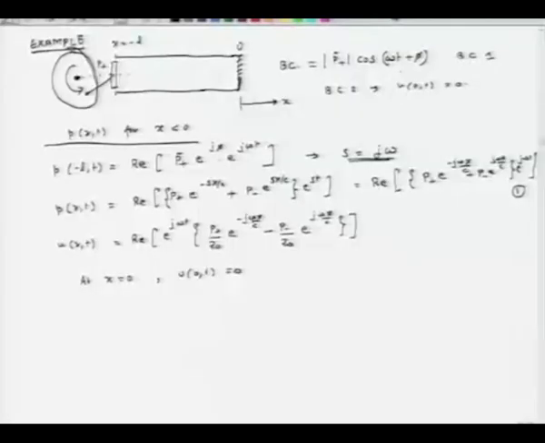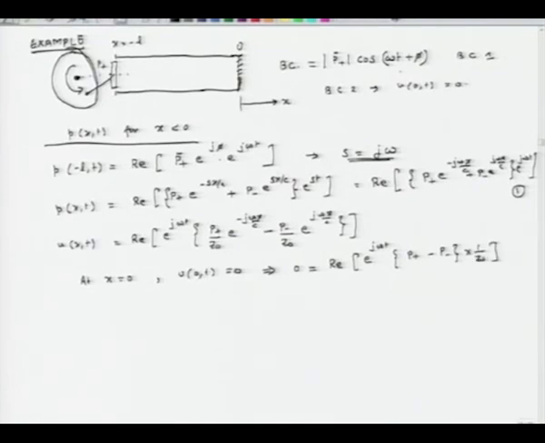So, imposing this condition, what I get is 0 equals real of e^(j omega t) (P plus minus P minus), and then I can take Z naught out.